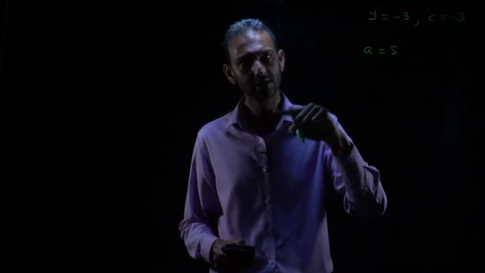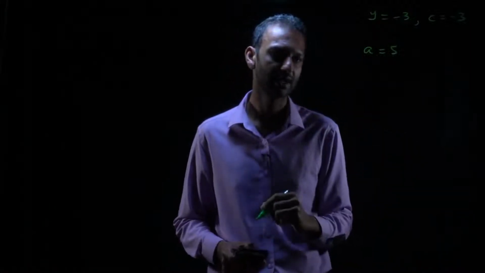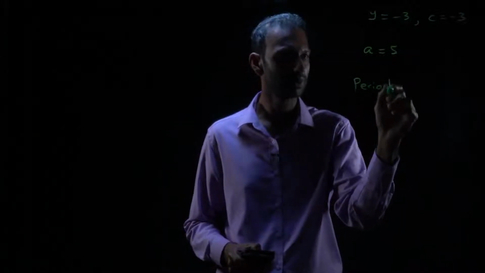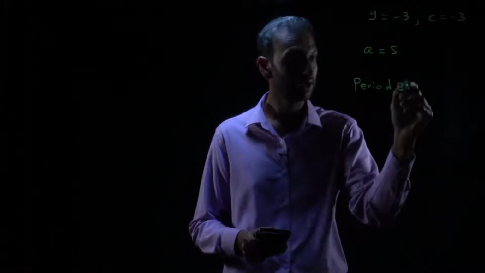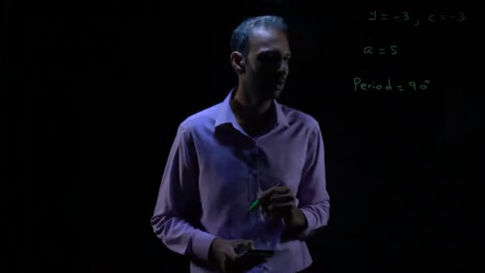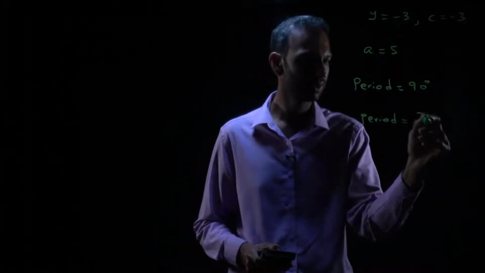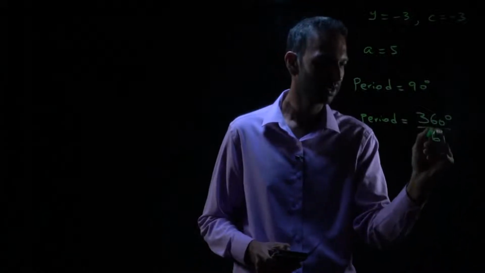Now, the period is the angle which corresponds to one cycle. From the graph, the period is equal to 90 degrees. Remember that the period is also equal to 360 degrees divided by b.